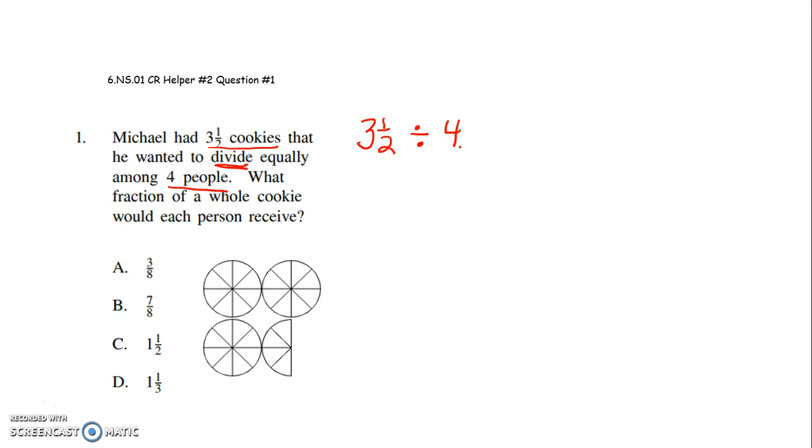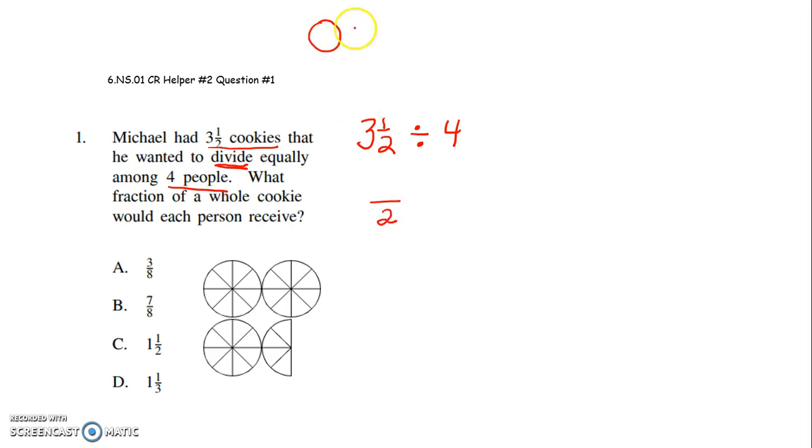Now, I'm going to use the standard algorithm here. However, there's ways you can use the picture to support you. I'll use the picture to check my final answer. So in order to divide when we have mixed numbers involved, we have to rewrite those mixed numbers as an improper fraction. So we have to take 3½ and figure out how many halves that is.